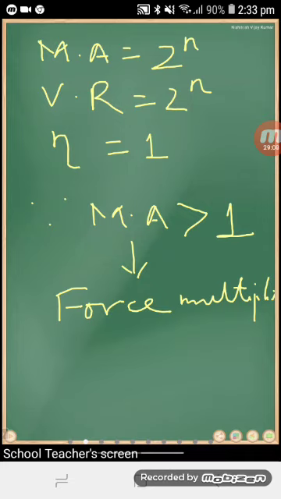And since it is increasing in exponential form, with a very small amount of effort, we will be able to lift a much greater load.